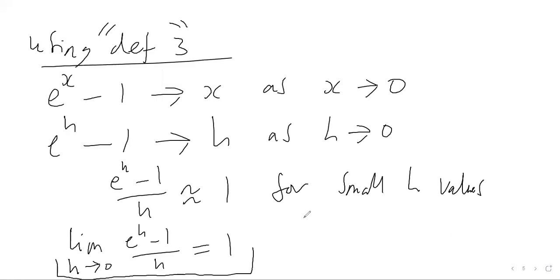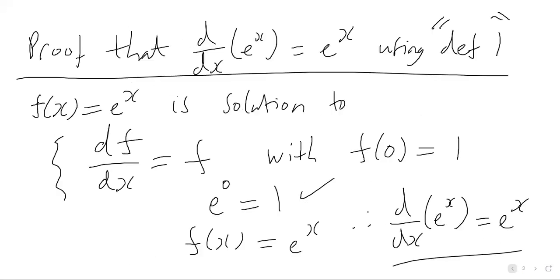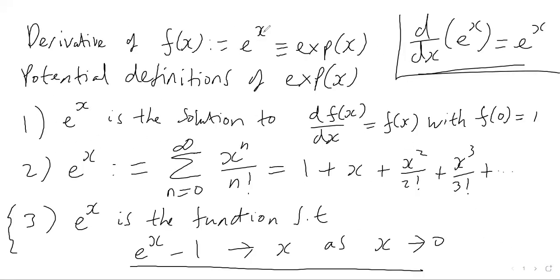So the conclusion from this is that when you differentiate e to the x, you get e to the x. The whole point of this video is to say that no matter what definition we give this exponential function, we can prove that when we differentiate it, we get e to the x, the function itself.